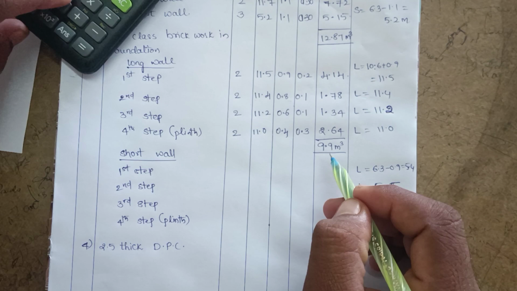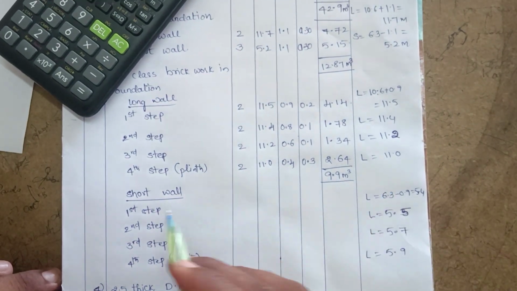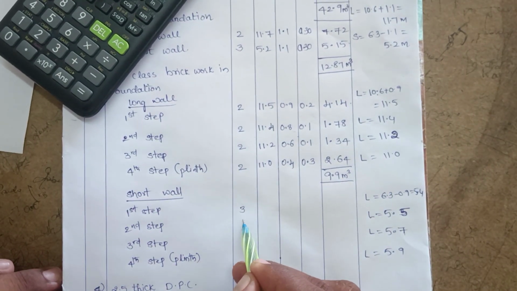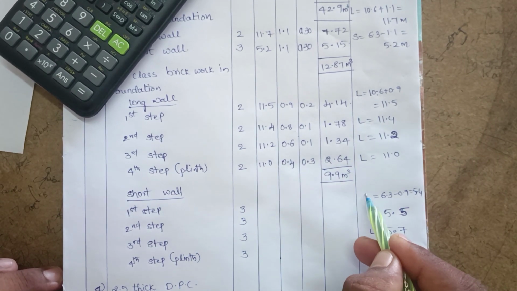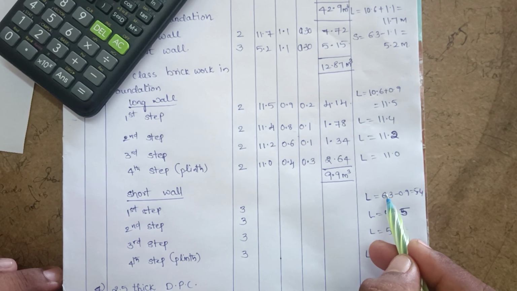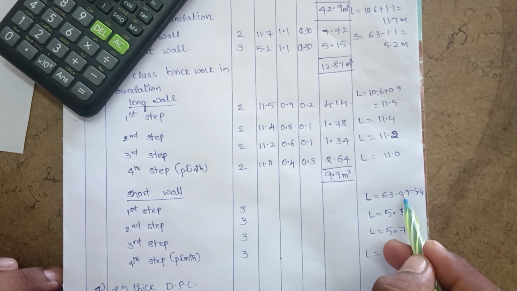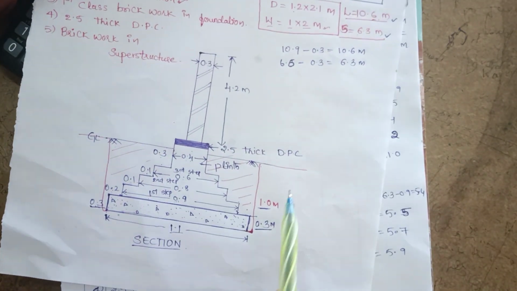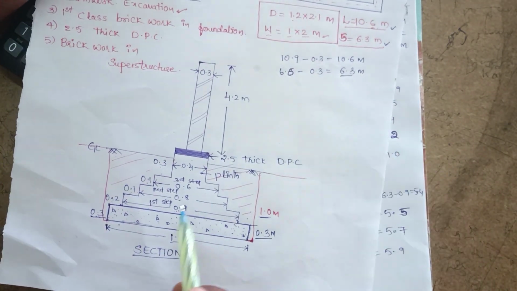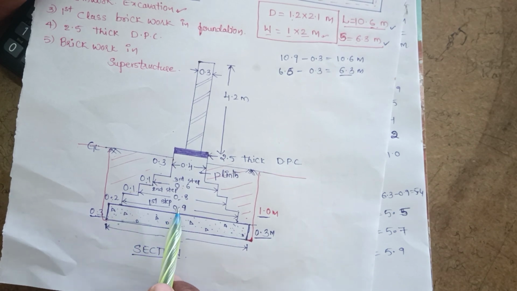And similarly calculate for the short wall. We have three short walls, entering in as 3. The length of the first step is calculated as the center to center distance, 6.3, minus the width of the first step. You can see here the center to center distance is 6.3 meters and the width of the first step is 0.9 meters.